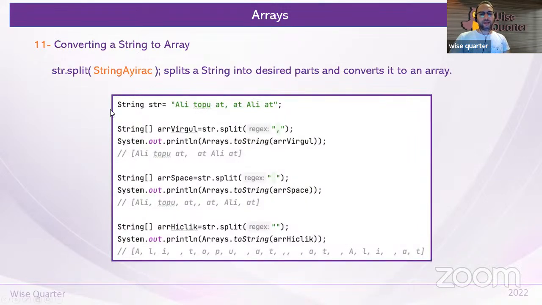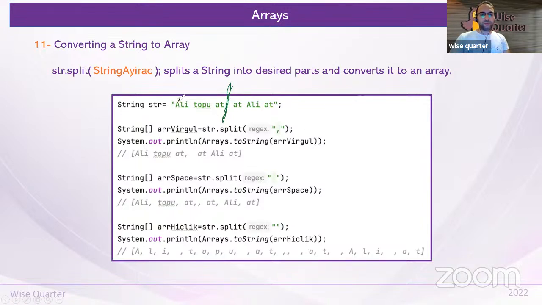So we have a text string value, and we can use the split method. This is the key. After the name of the method, you should use split. And where will you cut it? It says comma. When the system sees a comma, it will delete the comma, and it will create two array elements.